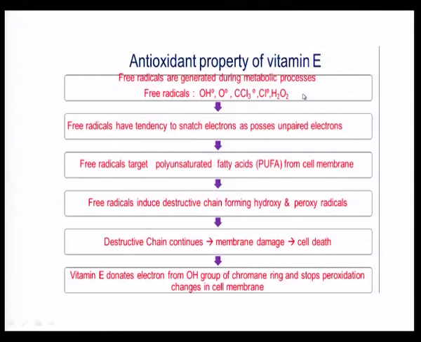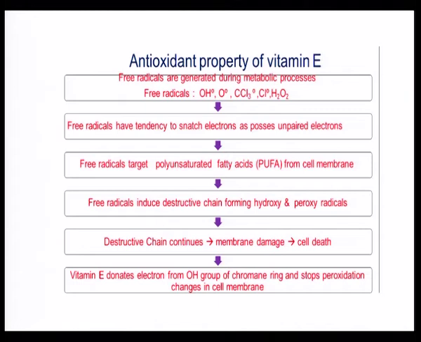Now if you look at it, what all damages can it give rise to? So you see the free radicals. By the way, what do we mean by free radical? Whenever there is a homolytic cleavage of electronegative elements, like chlorine or electronegative elements containing oxygen, when a covalent bond is broken, there could be either heterolytic cleavage or homolytic cleavage.